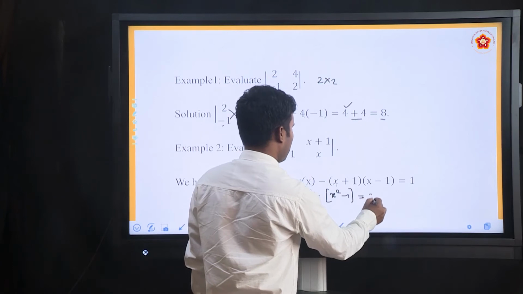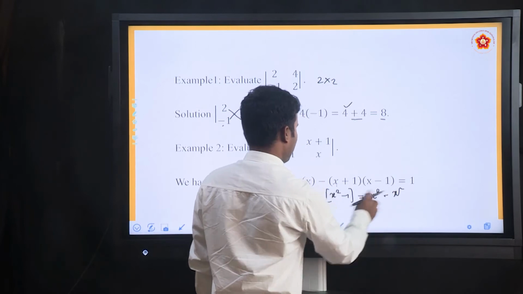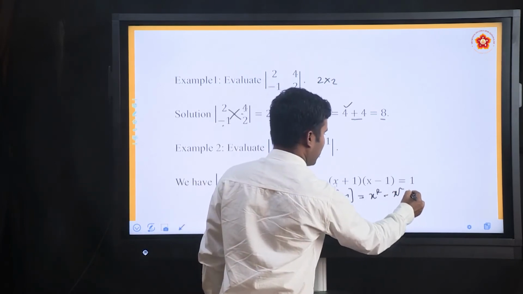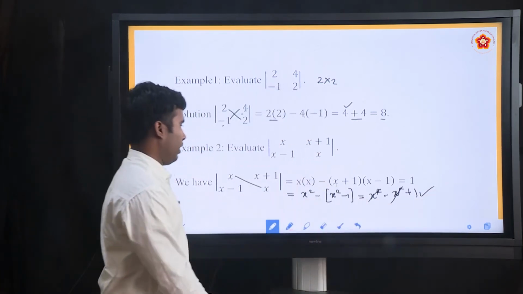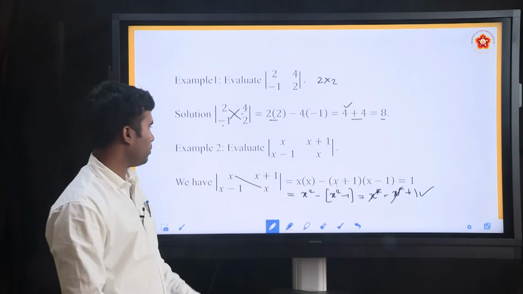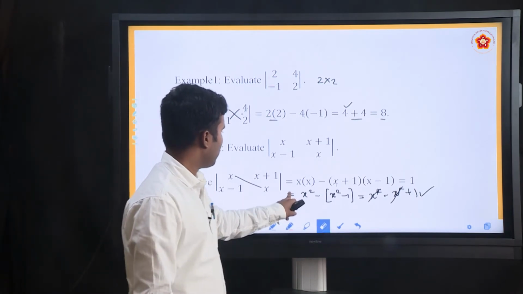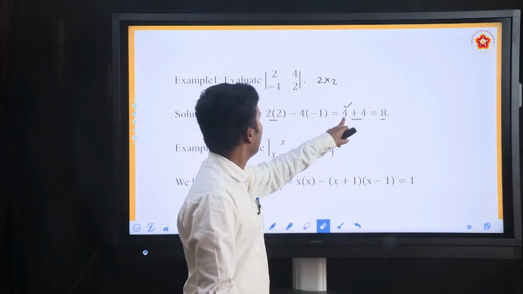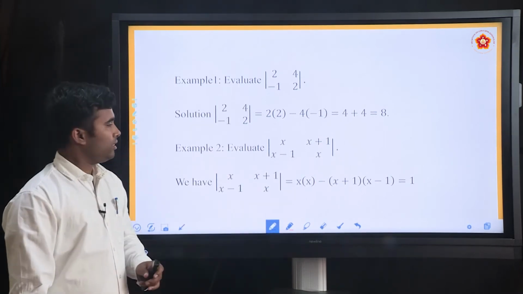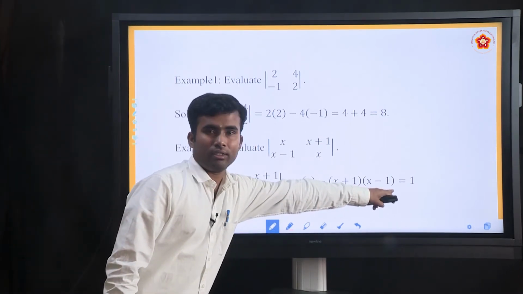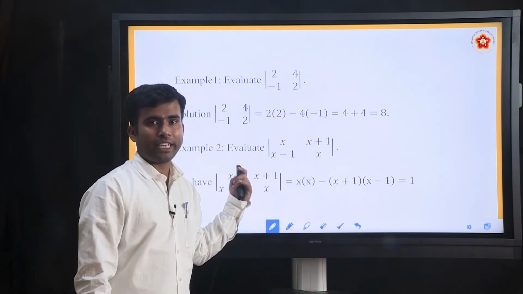So it is x square minus, multiplying, x square minus into minus 1 is plus 1. Minus x square and plus x square get cancelled, so you are left with plus 1. That is how we calculate a determinant of order 2. So we end up with 1, which gives the value of this determinant.